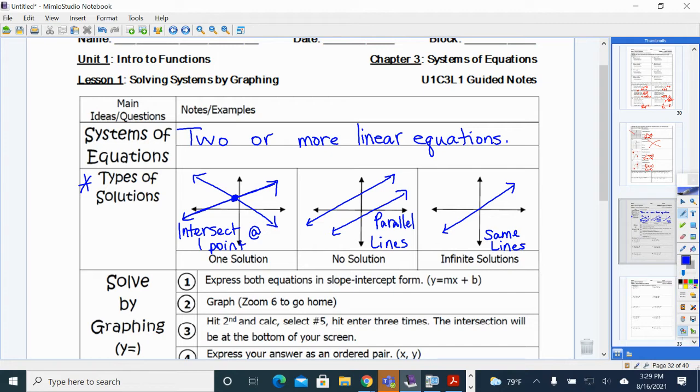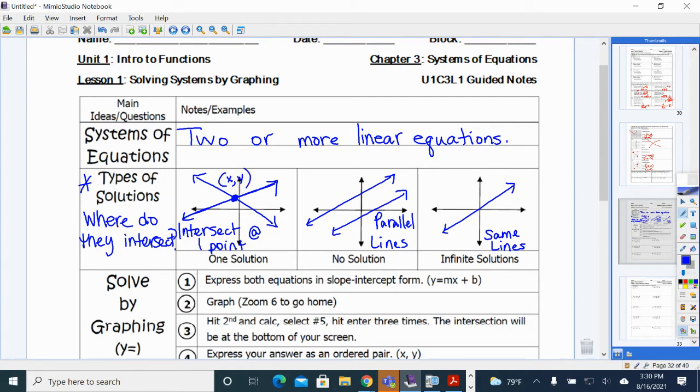So what we're looking for when we're solving systems of equations is where do they hit? That's the solution. Where do they intersect each other? So if they hit each other at one point, that creates one solution, and that solution is the ordered pair x, y.